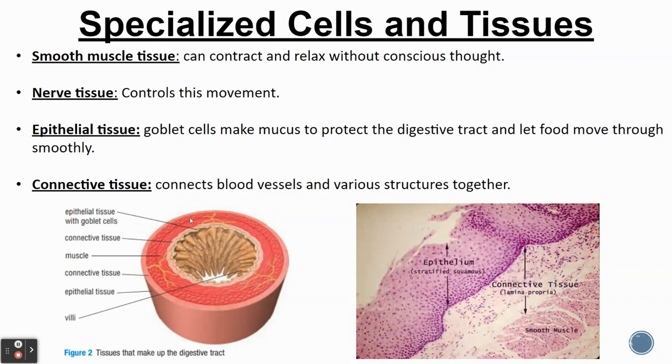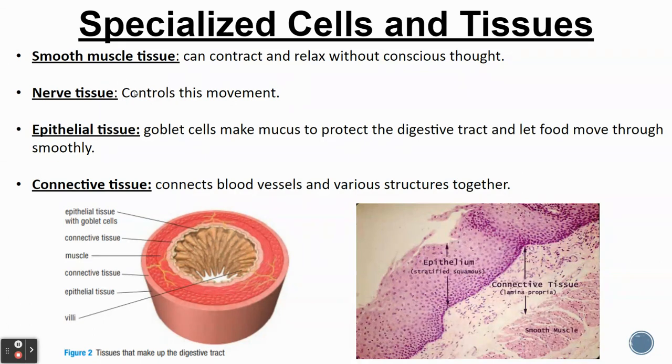And so that's important because you don't want to have to think about it. You don't have to tell your intestines to move and push your food through. You don't have to tell your esophagus to move and push your food through. So the fact that it's made up of this smooth muscle tissue really allows you to push food through your intestinal tract and digestive tract without thinking about it, without any conscious thought.